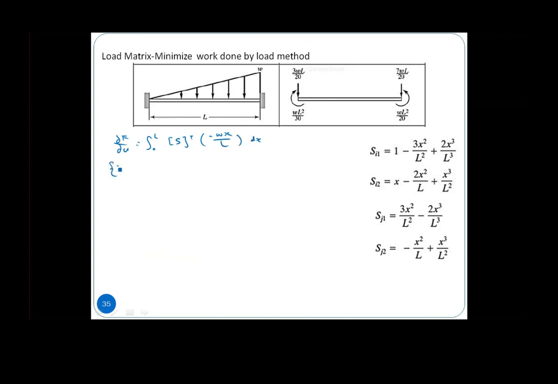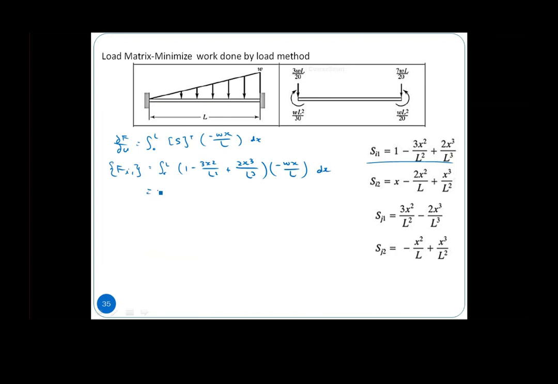So we have Fi1, let's say, using Si1 here. Then we have the integral from 0 to L of 1 minus 3x squared over L squared plus 2x cubed over L cubed, times negative Wx over L, dx.